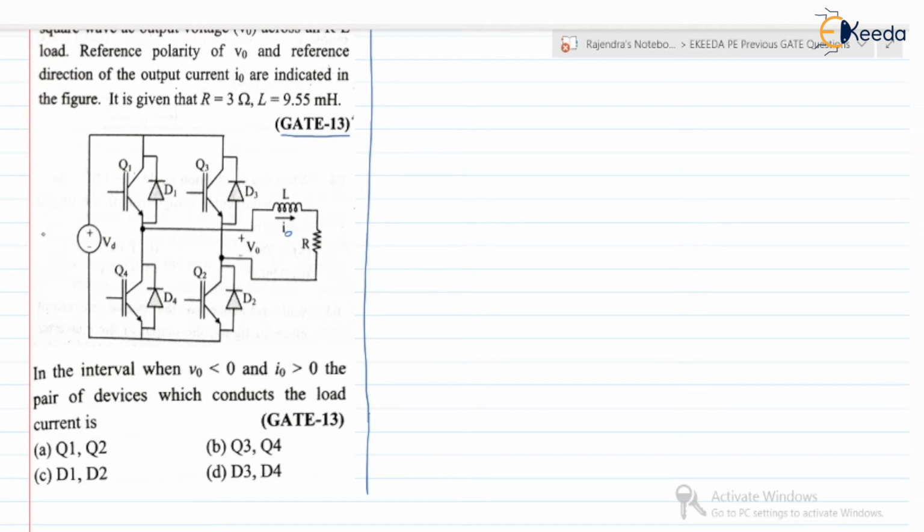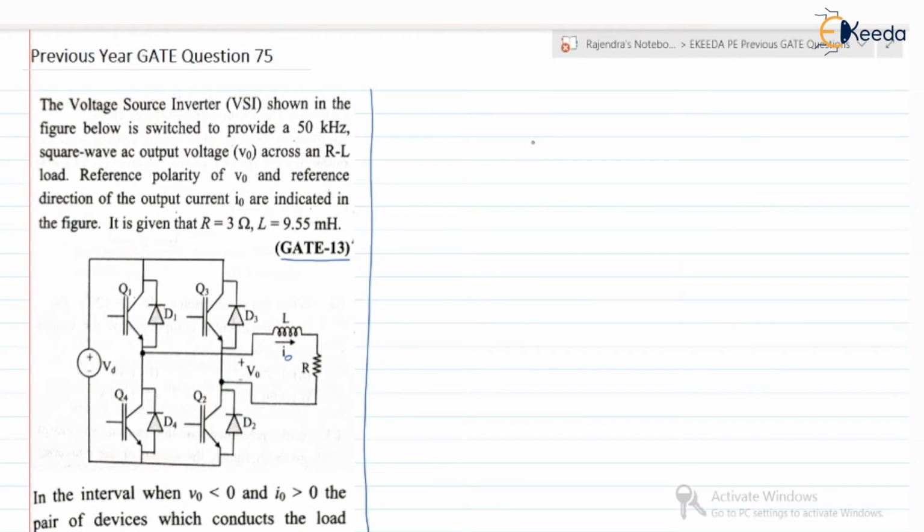So here we have the IGBTs Q1, Q2, Q3, Q4, and across the IGBTs we have connected the feedback diodes D1, D2, D3, D4. So the load is an RL load. If you check the V0 waveform, it is a 180-degree square wave mode. Suppose this is time t0, right? This is the V0 we are having.